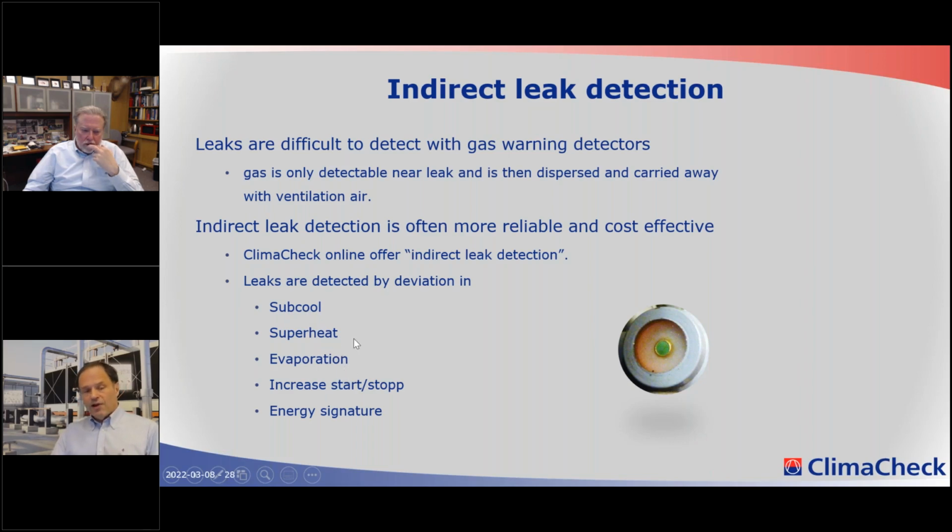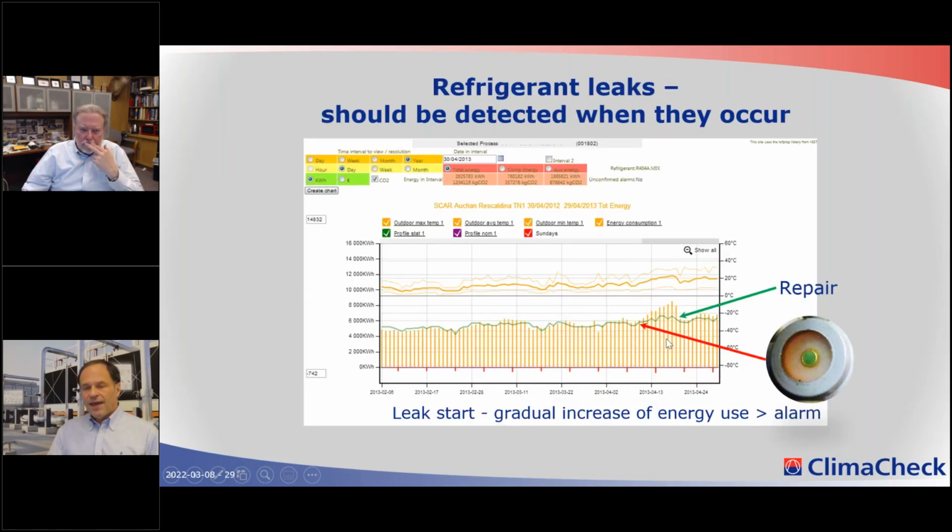If there is a leak, the charge changes and your subcool changes. Superheat is also a good indicator, and eventually you will get an impact on your energy consumption. Then you can catch this instead of waiting for the scheduled visit to the site. In Europe, if you have a monitoring system that catches leaks, you can reduce the on-site leak detection by half.